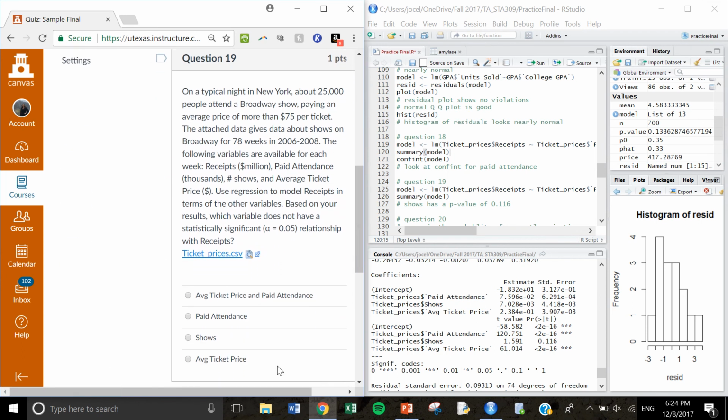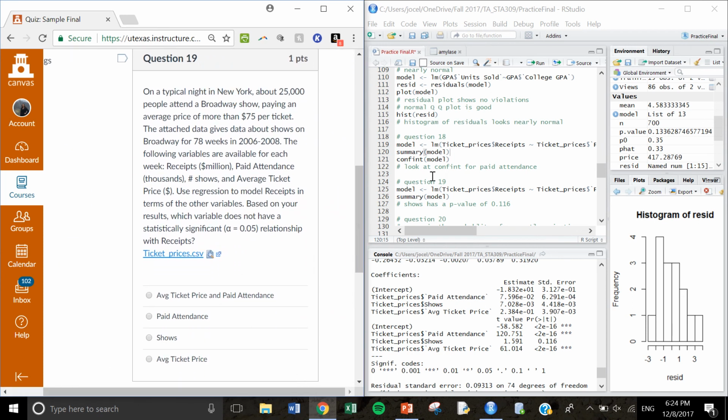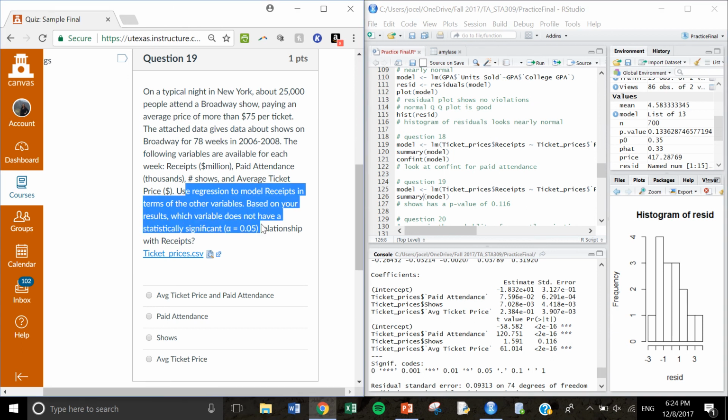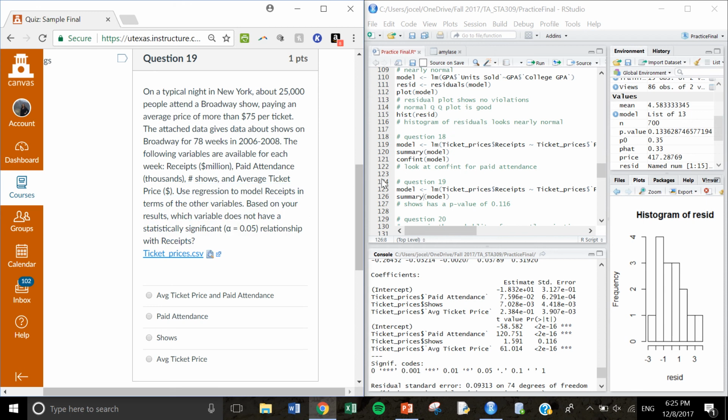Question 19. This is about the same data set that question 18 was about, except it's asking, use regression to model receipts in terms of variables. Based on your results, which variable does not have a statistically significant relationship? I'm using the same code I used in question 18. These two lines are the same as these two lines. I'm just going to run it again.